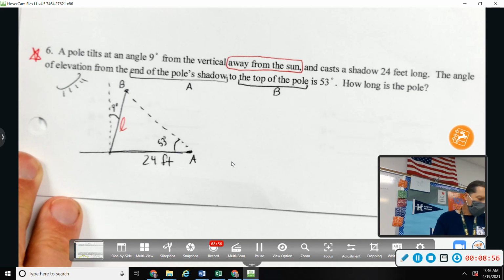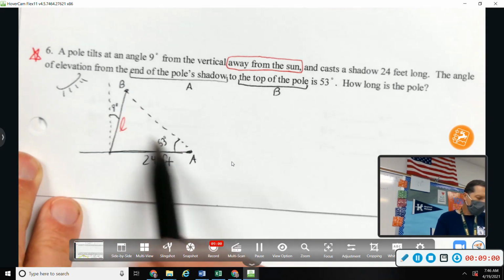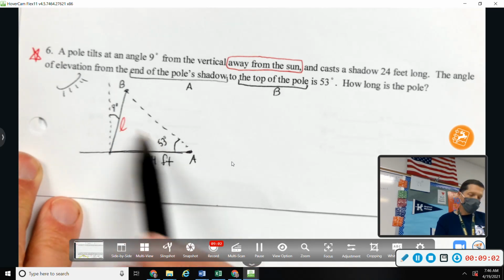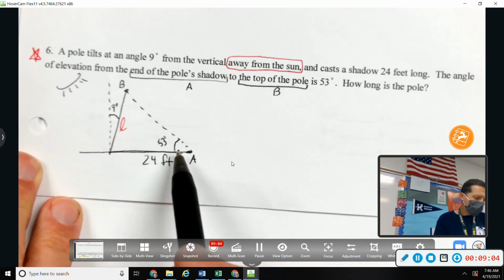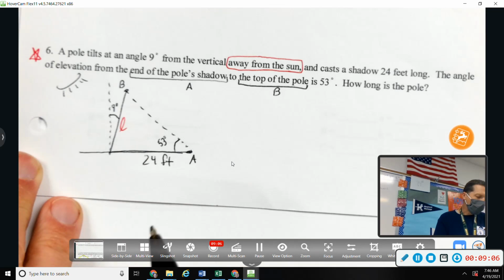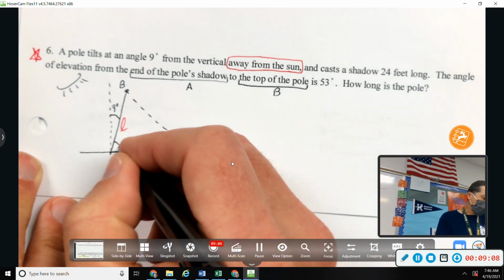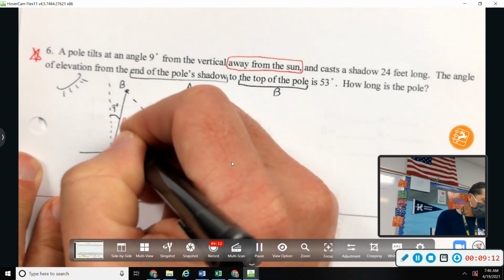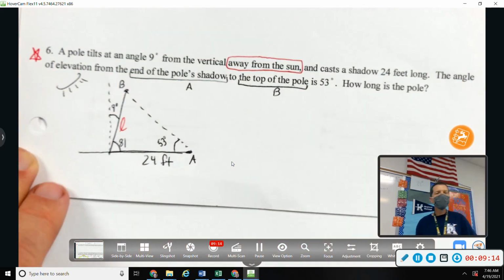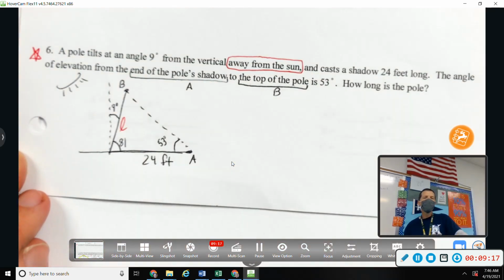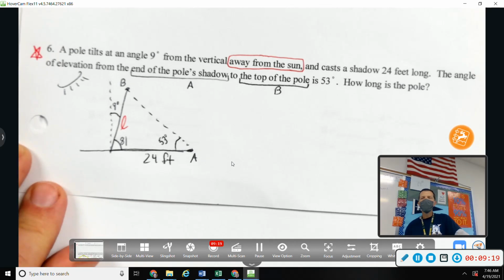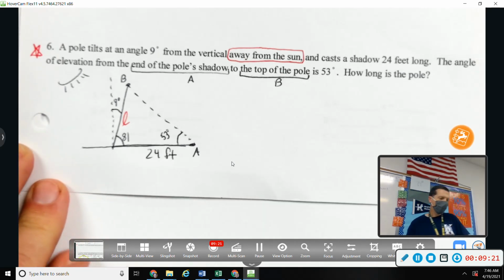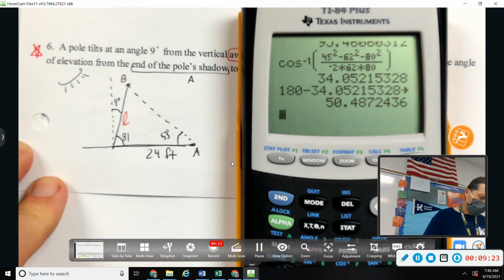All right, let's see. I'd like to use law of sines, but I don't think I can yet. In fact, I don't think I have enough information at all yet. What's this angle going to be? 81, because we're 9 off of 90. Oh, I think that's good. 46? 46, you say?